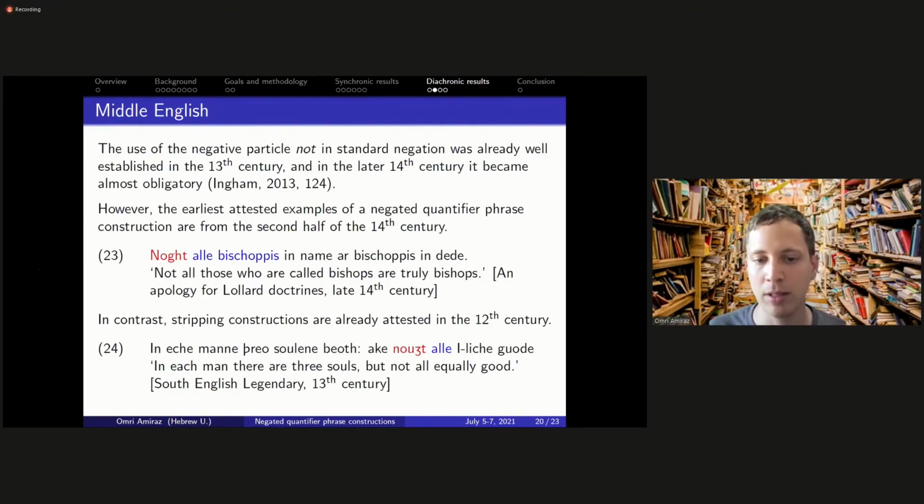So most of the examples I showed are something like, but not all of them, or something like that. But here you actually have a predicate, and this looks more like an independent clause with a subject and a predicate.